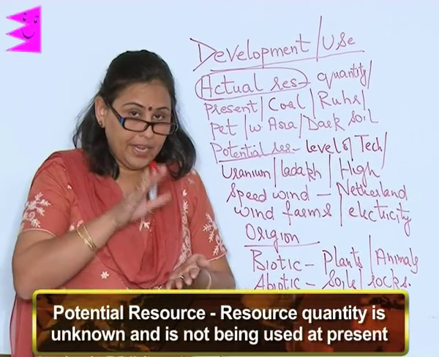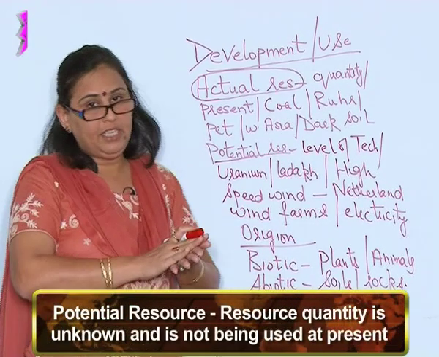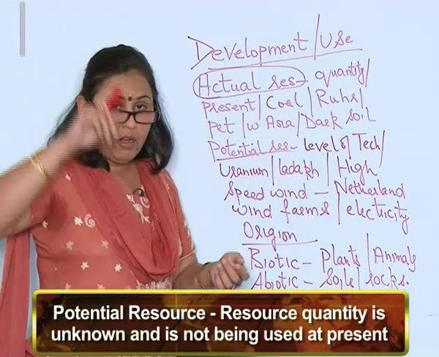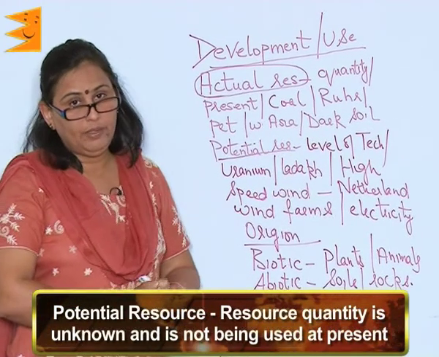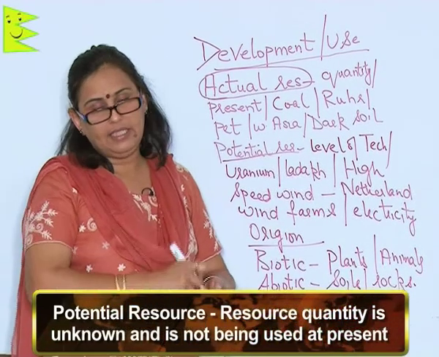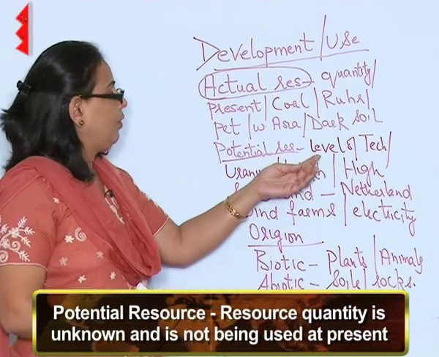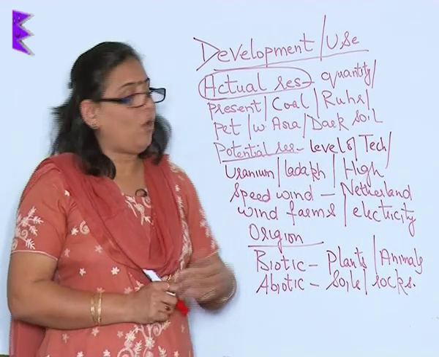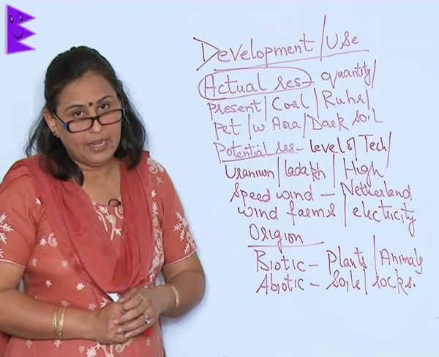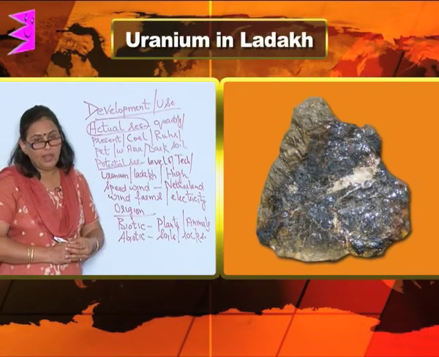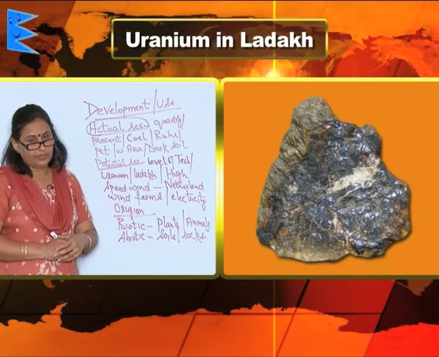We are not able to make use of these resources, maybe due to the lack of the level of technology which is required to turn these substances into resources. If I have to give you an example of a potential resource, then I will say that the uranium which is found in Ladakh is a potential resource.